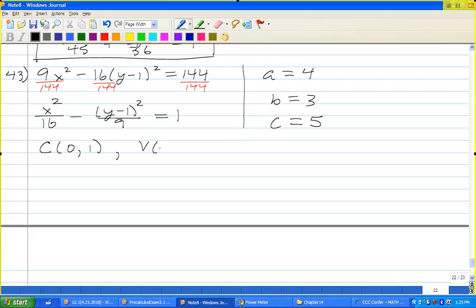And so the vertices are at, since x is positive, plus or minus 4, 1. The foci are at plus or minus 5, 1. The asymptotes: y minus 1 equals plus or minus 3/4 x. So center, vertices, foci, asymptotes.